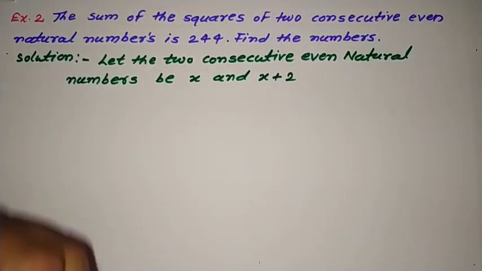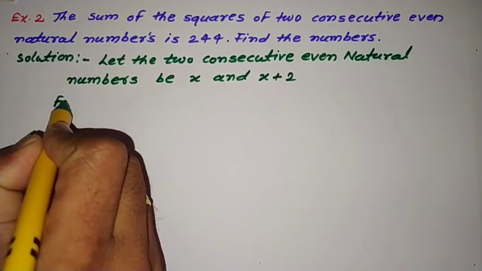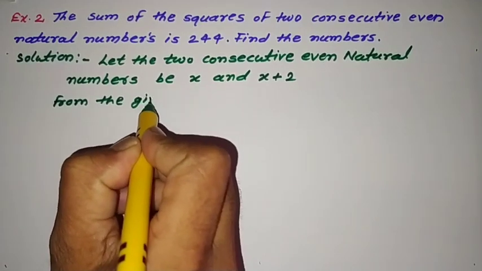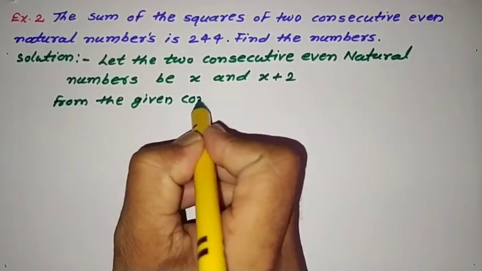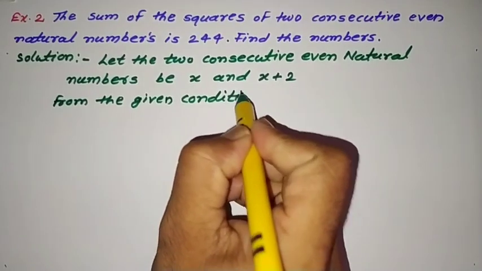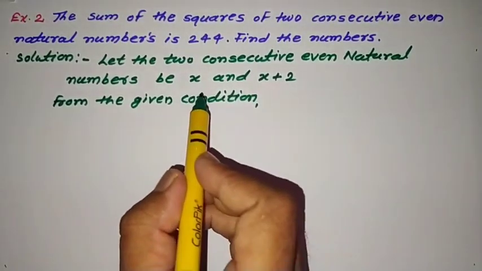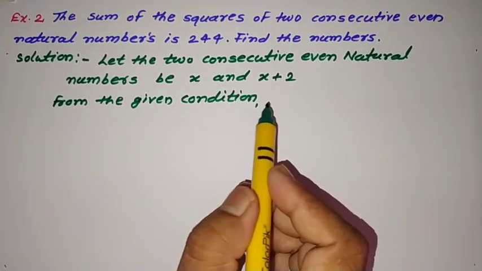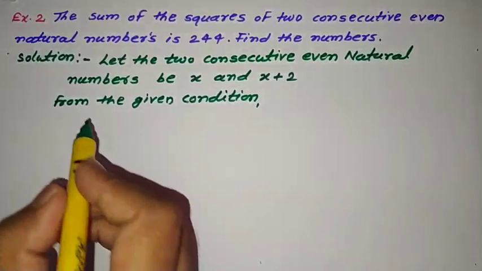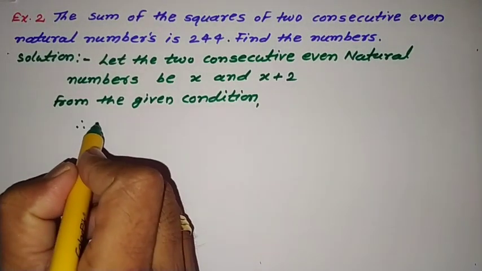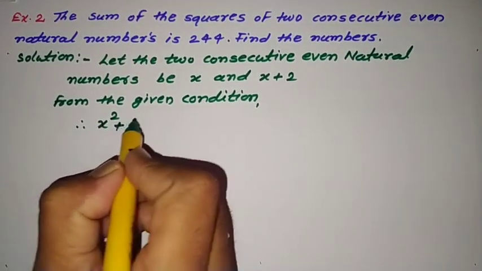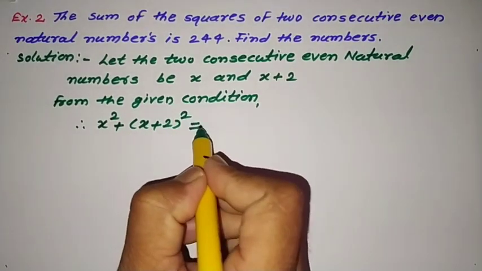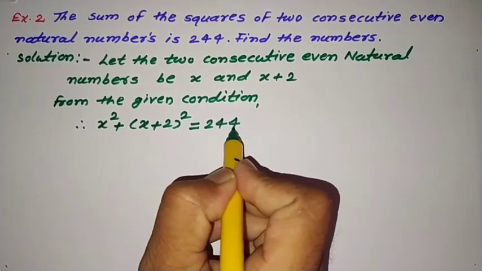From the given condition, the sum of the squares of two consecutive even natural numbers is 244. Therefore write down this equation: x square plus x plus 2 bracket square is equal to 244.